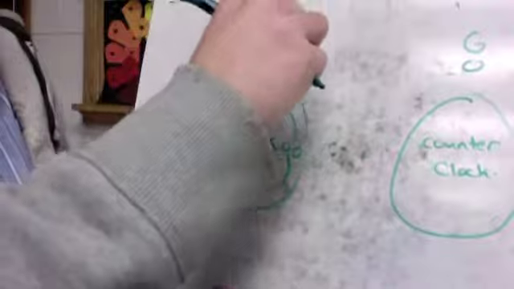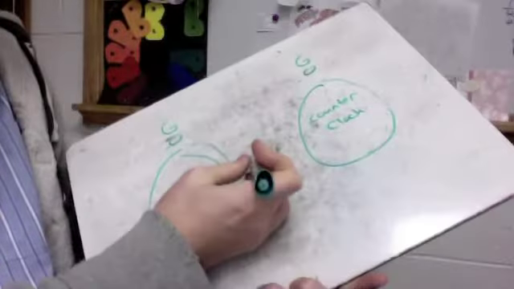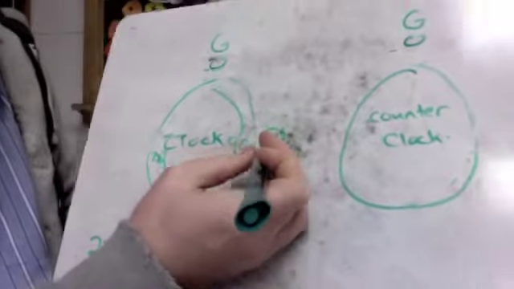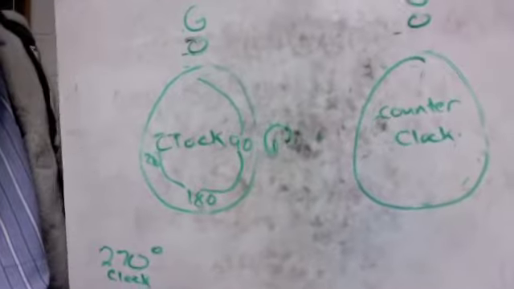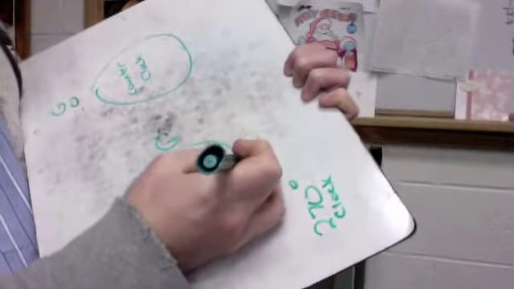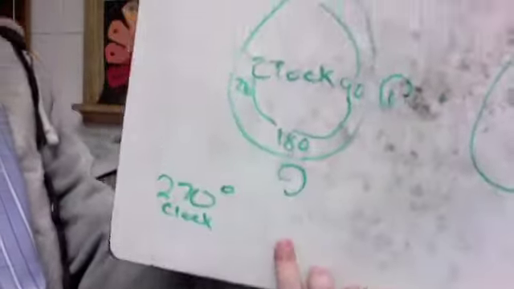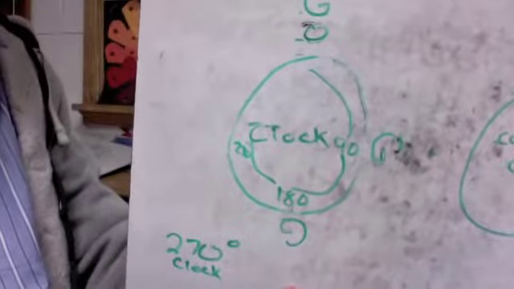So if I turn it 90 degrees, it's going to look like that. There we go. If I turn it at 180 degrees, it's going to be completely upside down.